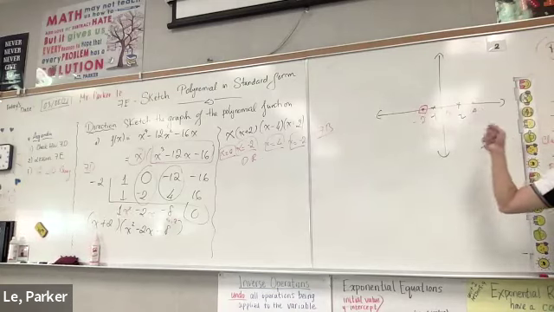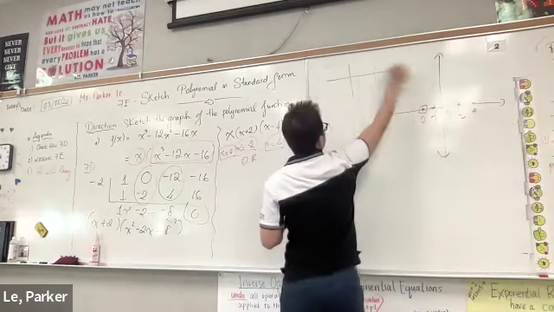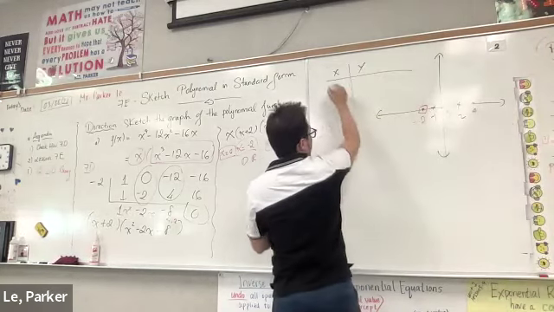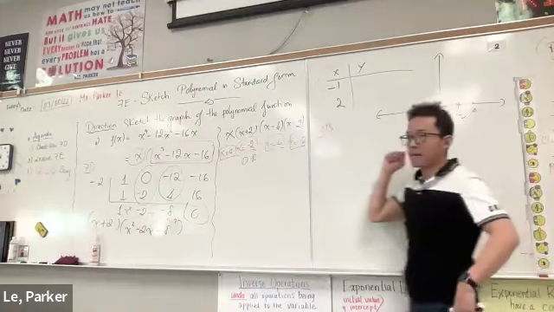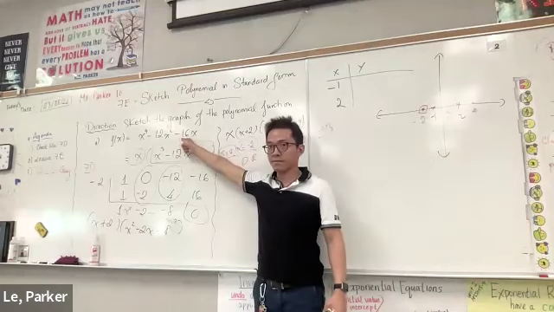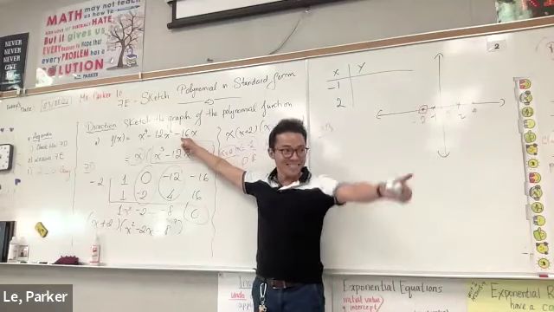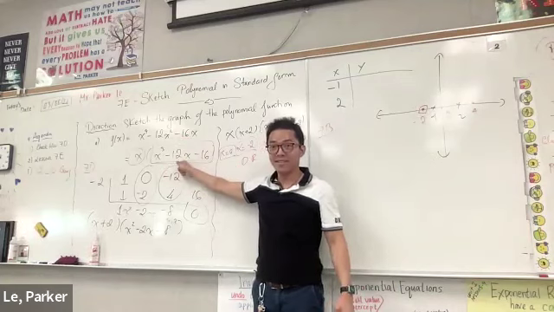So how can I know where -1 and 2 are? The T table, very good. -1 and 2. Where should I plug it in? The first or the second one?